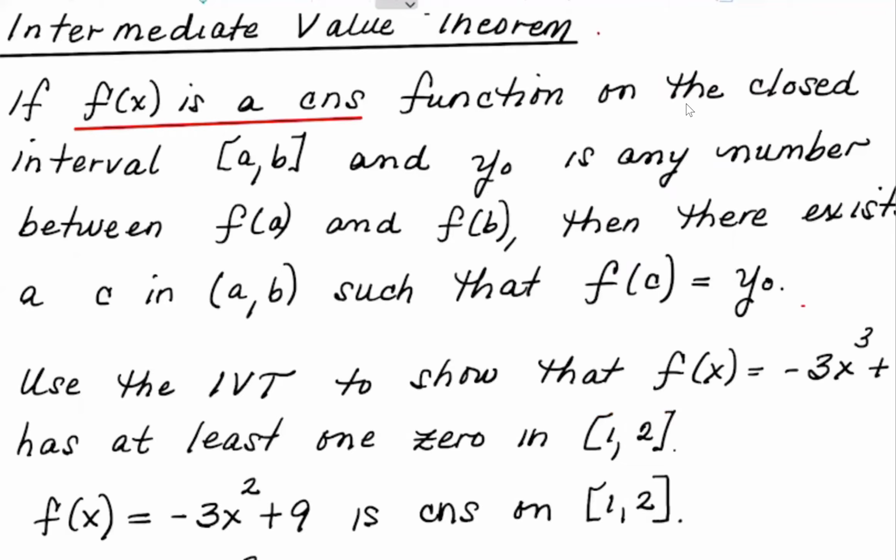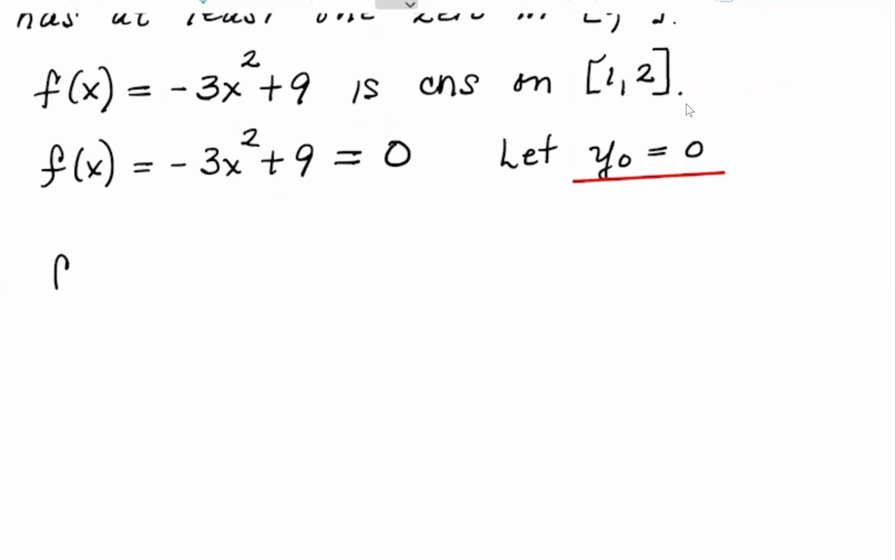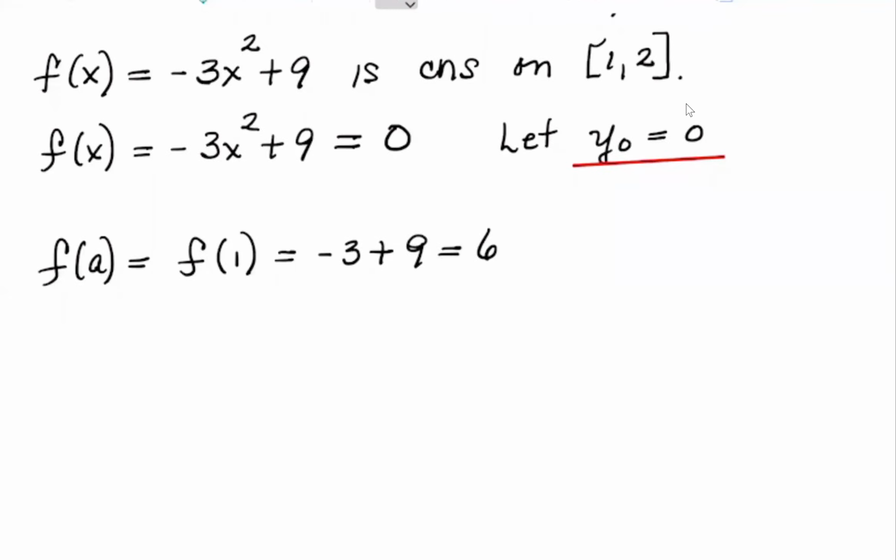So we need to find f of a, which in our case is f of 1. And that's going to give us minus 3 plus 9, which is 6. And then f of b, which is f of 2, is going to give us negative 3 times 4 plus 9.